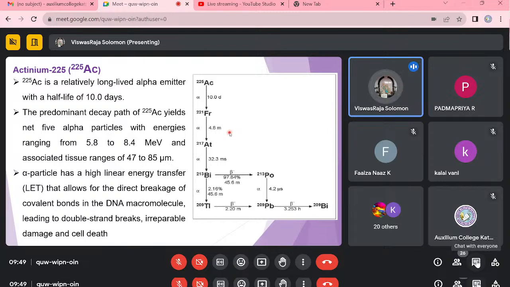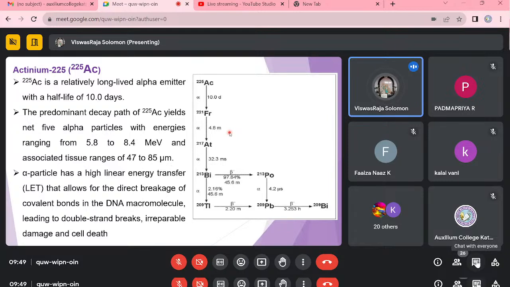The same tracer can be used for diagnostic purposes. In this case, for tumors expressing IGF-1 receptor, they can be diagnosed with the help of an indium-111 labeled tracer. If you want to treat the same patient, you can label with an alpha-emitting isotope, inject this tracer into the patient, and you can see the result.